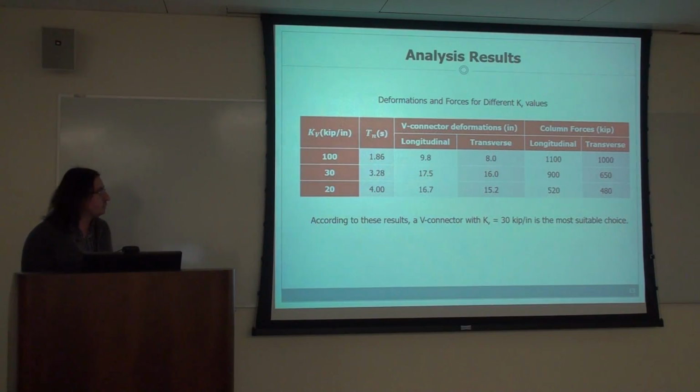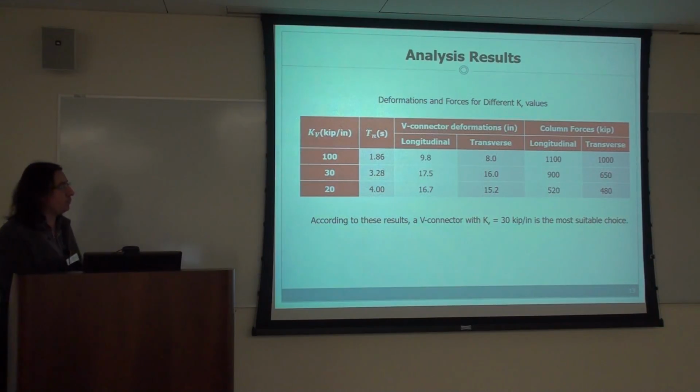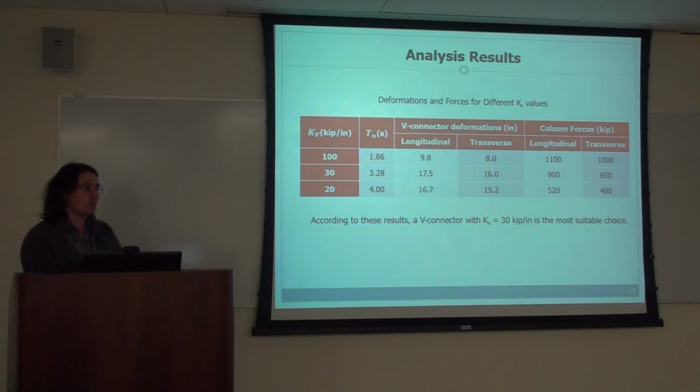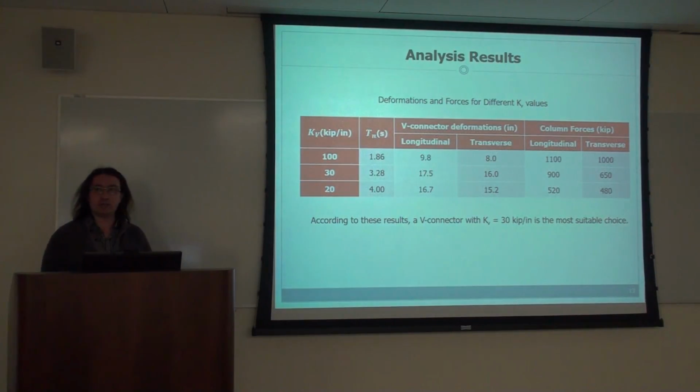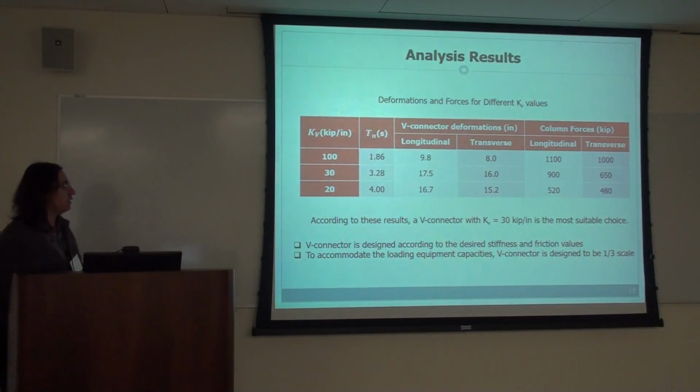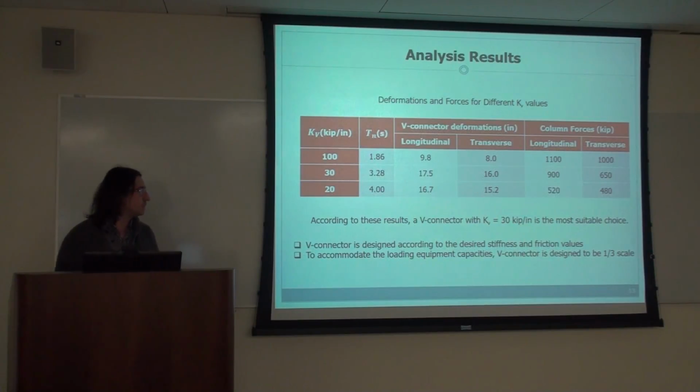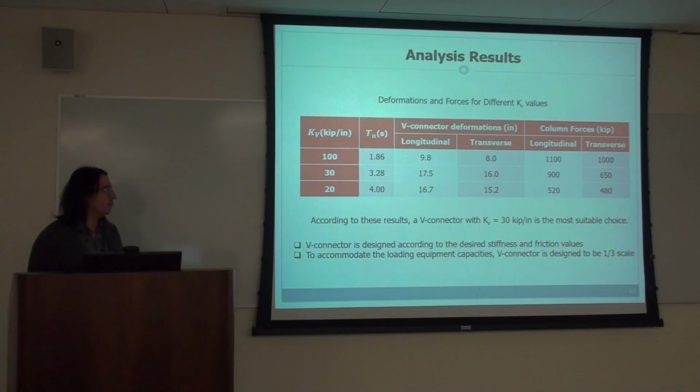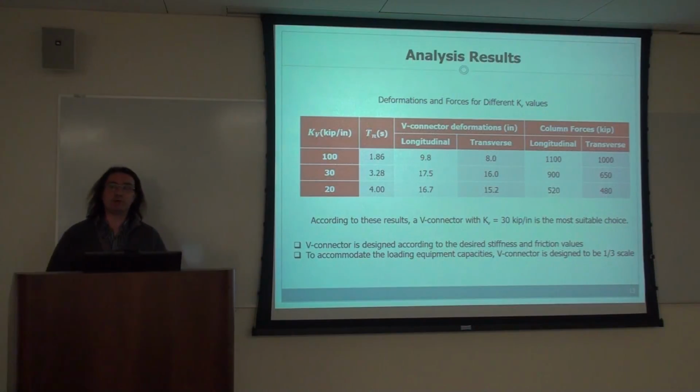For practical reasons, we chose the V connector with 30 kips per inch as the most suitable choice, because if you reduce the stiffness a lot, your rod size gets smaller, and that can have unintended consequences. So the V connector is designed according to this desired stiffness and friction values. And to accommodate the loading equipment capacities in the lab, the V connector is designed to be 1/3 scale.